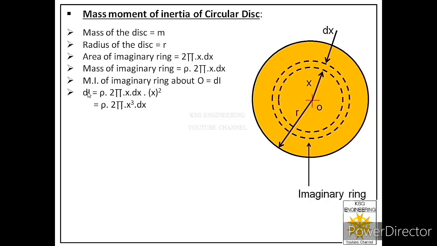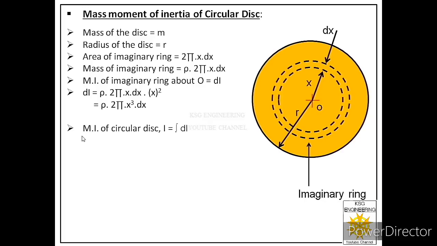So we got the value of the mass moment of inertia of this imaginary ring about the centroidal axis. Once you know that value, then you can find the mass moment of inertia of the whole circular disk about the same axis by integrating that value between limits 0 to r, that is the radius of the circular disk.